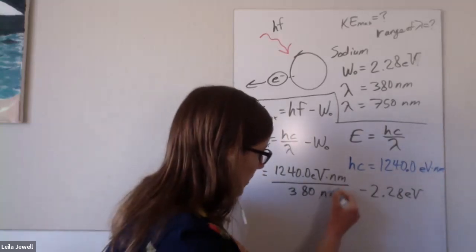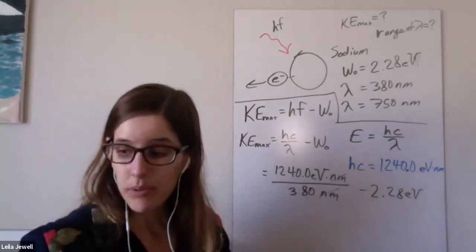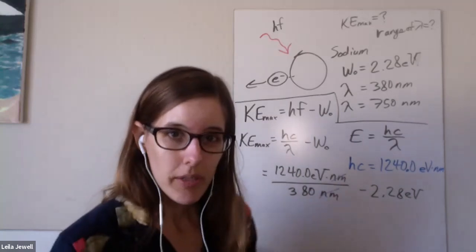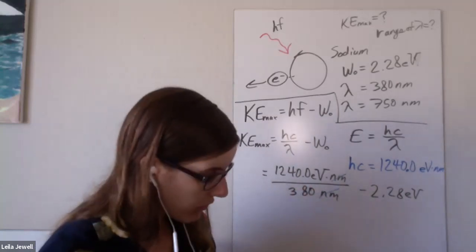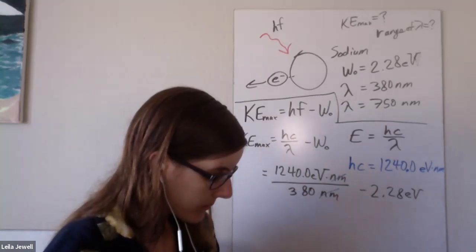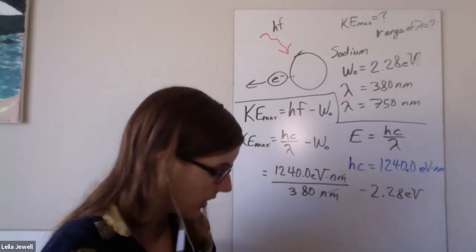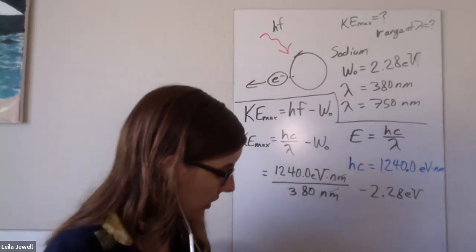We notice the nanometers cancel properly, and now we have a relatively simple calculation. Instead of having to multiply Planck's constant, which is tiny, and the speed of light, which is fairly big, we just have 1240 divided by 380. That comes out to 3.26.